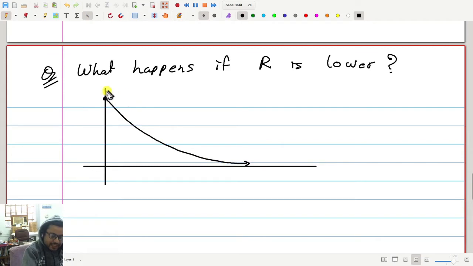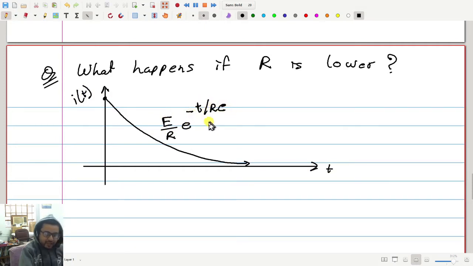Suppose this is time and this is the current I. We know it depends like this: E by R, e to the power minus t by RC. Now, if you take lower value of R, then time constant tau, this RC, will also go down.